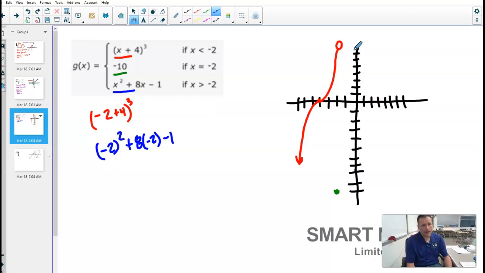So again, I get 4 minus 16 minus 1. And so we would get -13 is what we get here. So we're actually going to start even lower down here. I'm not going to put those marks, but we're going to have a point right here that's going to be open again.